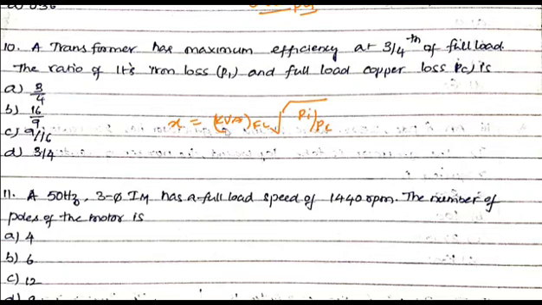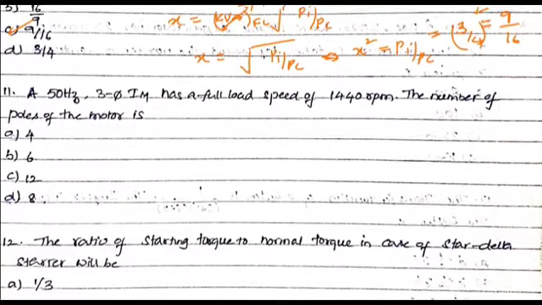Considering full load as 1, x is equal to square root of Pi by Pc. That implies x squared is equal to Pi by Pc. What is the x value? It is nothing but 3 by 4. That is 3 by 4 whole squared, which means 9 by 16. C is the right answer. This is one of the previous GENCO questions.